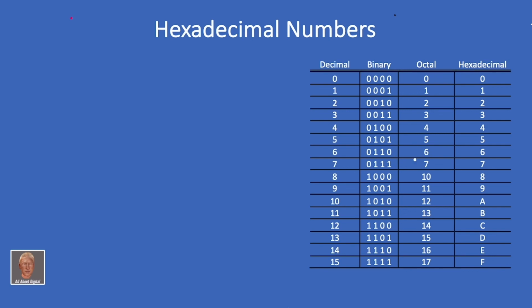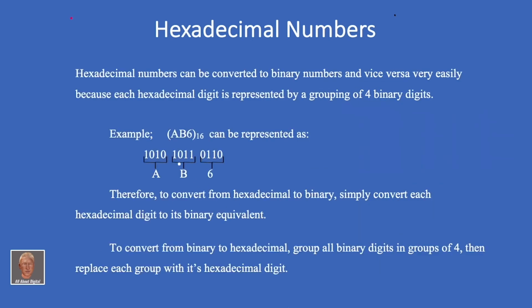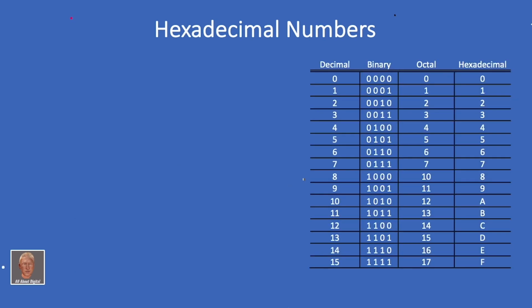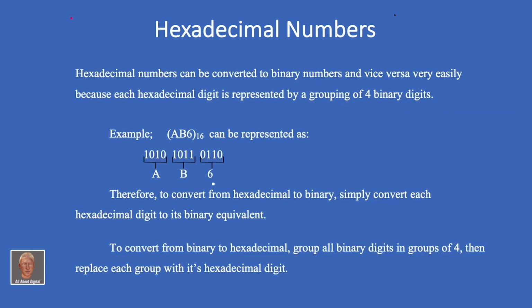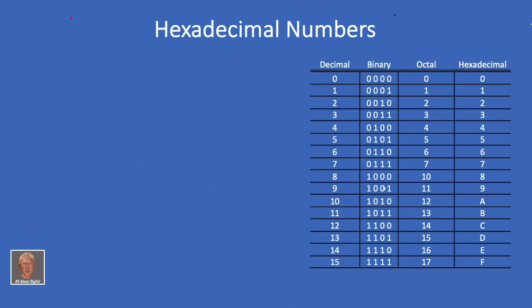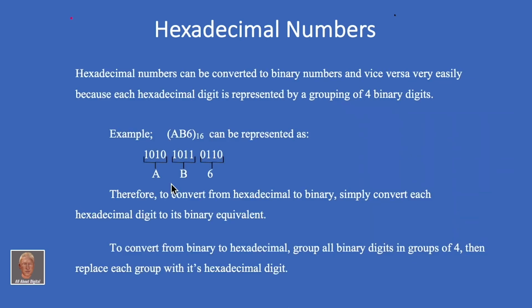The 1, 0, 1, 1 is B. And 1, 0, 1, 0 is A. So AB6 base 16 can be represented as 1, 0, 1, 0, 1, 0, 1, 1, 0, 1, 1, 0.